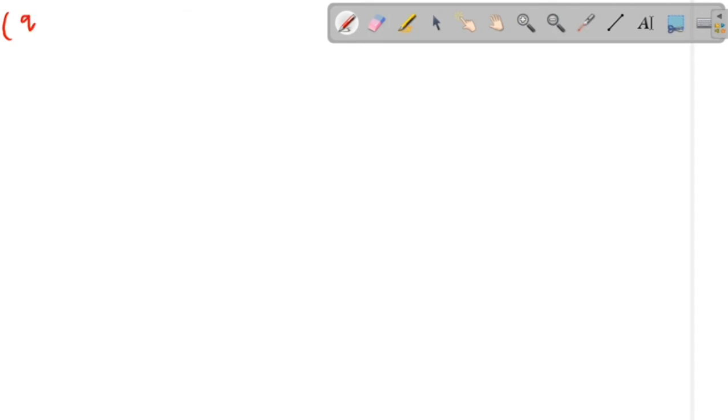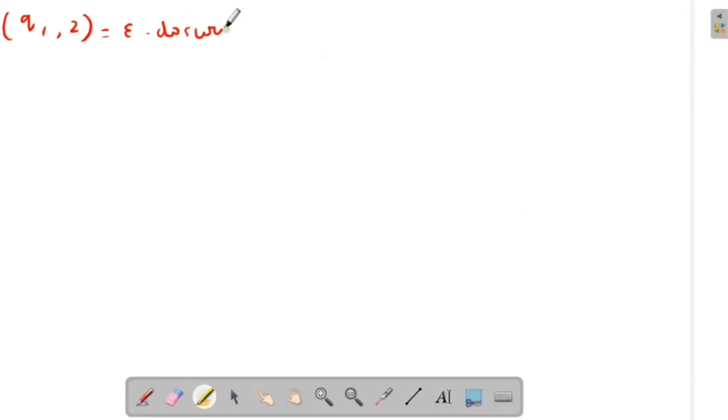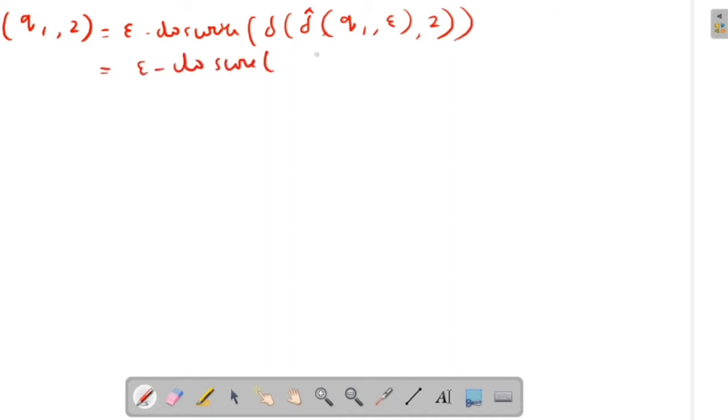Next, delta dash of Q1 comma 2. Delta dash of Q1 comma 2 is equal to epsilon closure of delta cap of Q1 comma epsilon comma 2. That is equal to epsilon closure of delta of Q1 comma epsilon, which is Q1 Q2, comma 2.